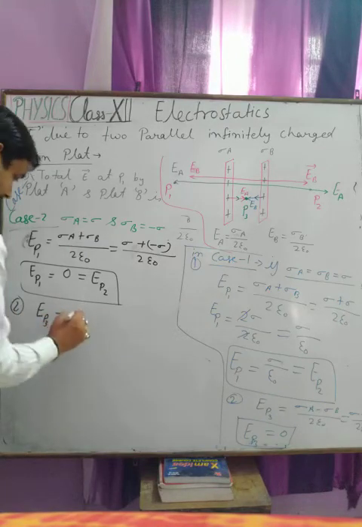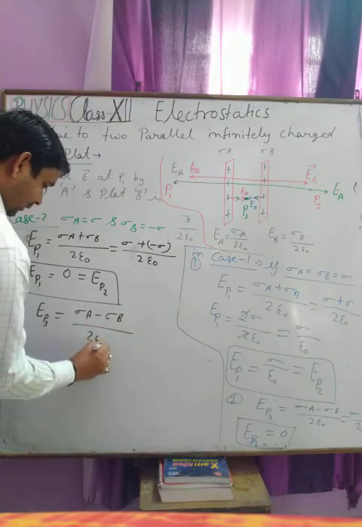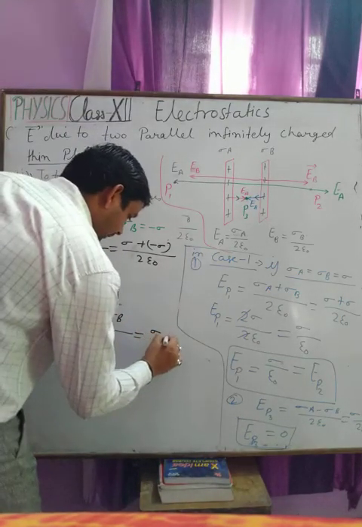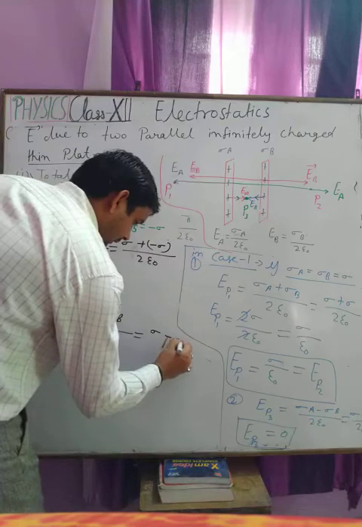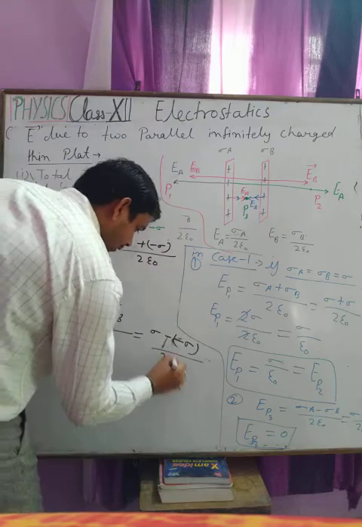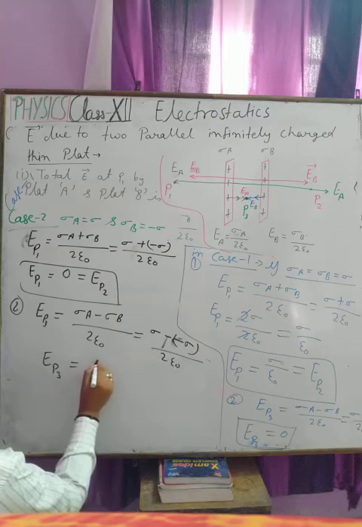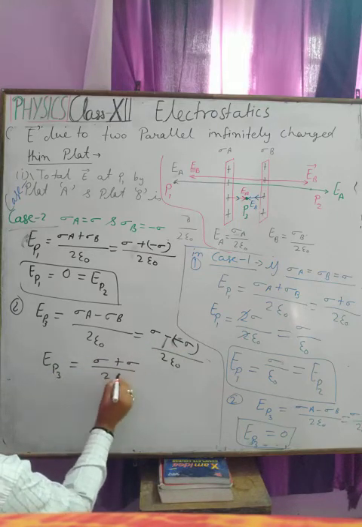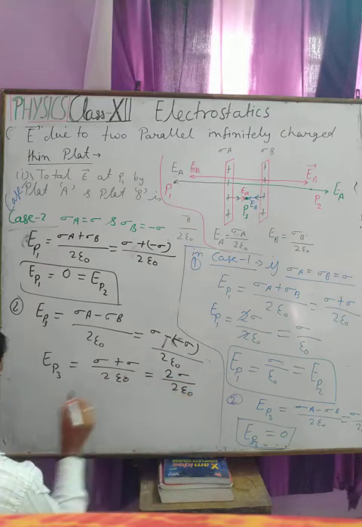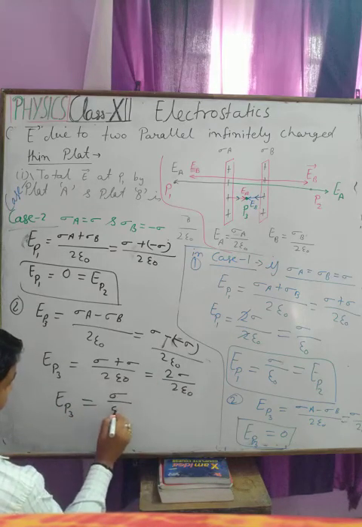And at the center, EP3 is sigma A minus sigma B upon 2 epsilon naught. When we put these values of sigma, we get sigma plus sigma upon 2 epsilon naught. We are getting the result 2 sigma upon 2 epsilon naught, and for EP3 we get sigma upon epsilon naught.